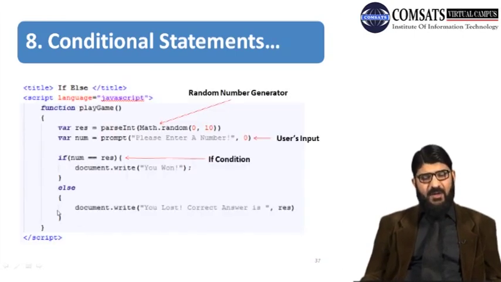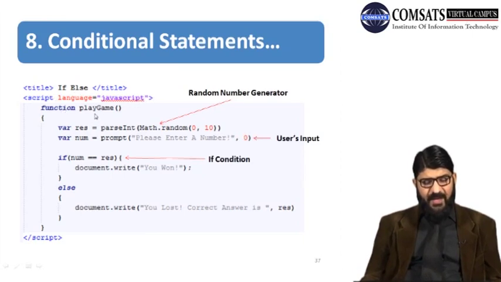Now let's see the code for conditional statements. This code is written inside the HTML code file. So the title is mentioned: if else. Now the script language JavaScript is written.